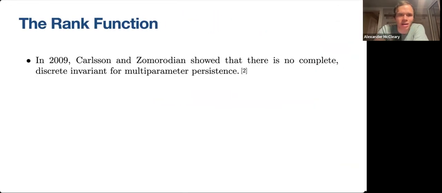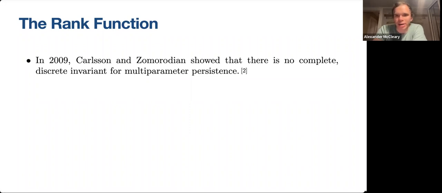So the first invariant proposed for multi-parameter persistence, and this was also really the first time that multi-parameter persistence was proposed in general, was from a paper by Gunnar Carlsson and Afra Zomorodian, where they showed that there is no complete discrete invariant for multi-parameter persistence. So this is a bit of a letdown.